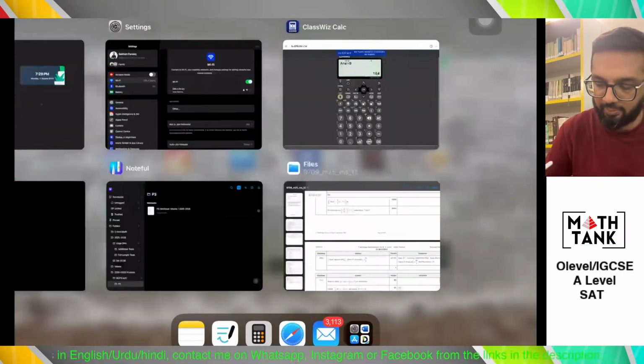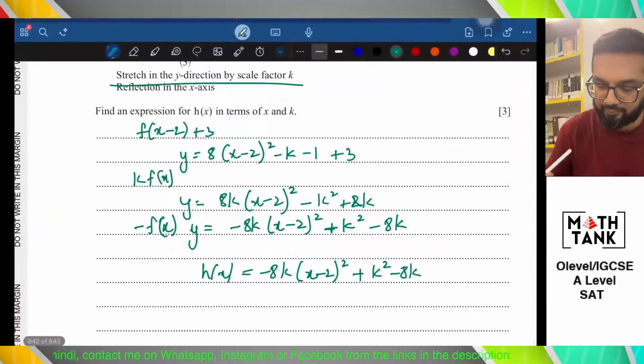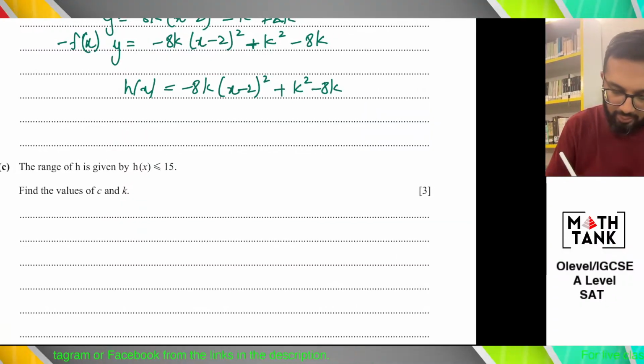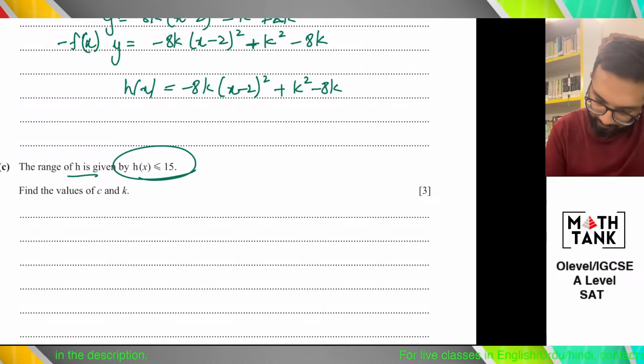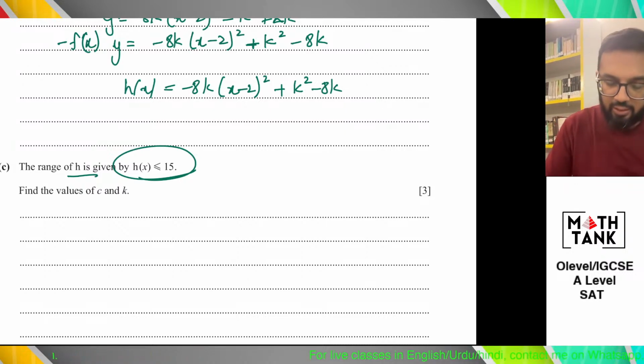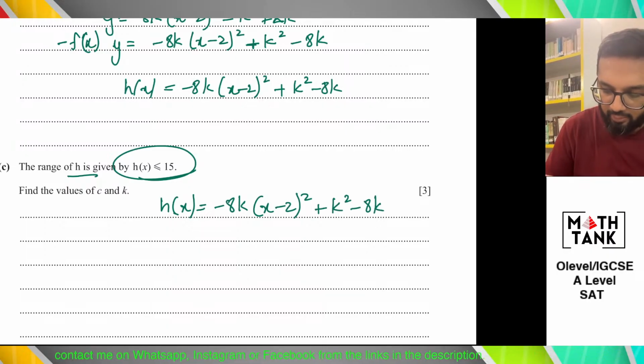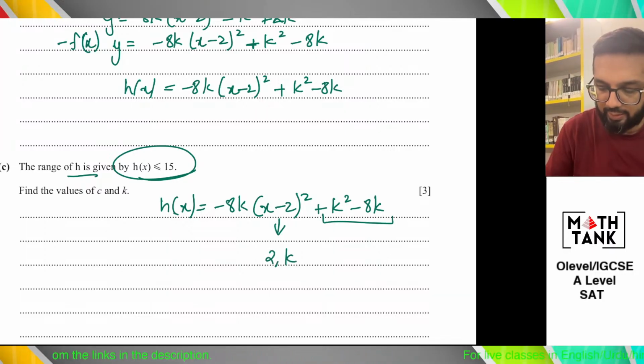I'm going to exit and come back. Okay, then it says the range of values is given by this. Find the values of c and k. So basically what I have is h of x in terms of the completed square form. See that? Where the turning point has the x coordinate 2 and the y coordinate as k squared minus 8k.